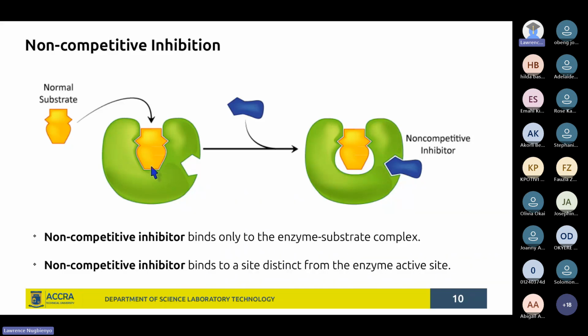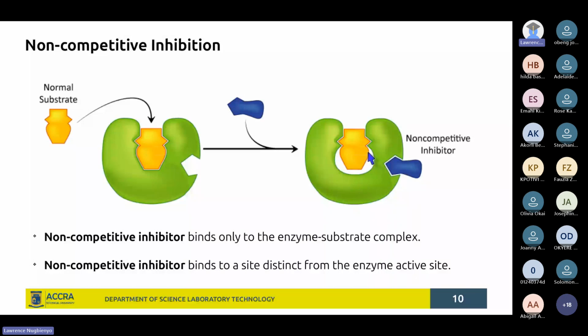And here it is depicted in such a way for you to see that after you have a substrate binding to the active site, when the inhibitor binds to that enzyme-substrate complex, it changes the conformation of the enzyme active center.